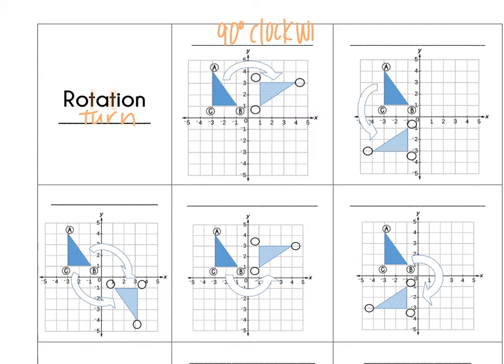We'll get more into this when we actually look at rotation specifically, but just so you can see, this is going 90 degrees clockwise. Again, when you are naming your new image, it's A prime, B prime, and C prime. You're using that same notation. Oh, and I guess I should say this is congruent. Everything that we've looked at so far is going to be congruent.